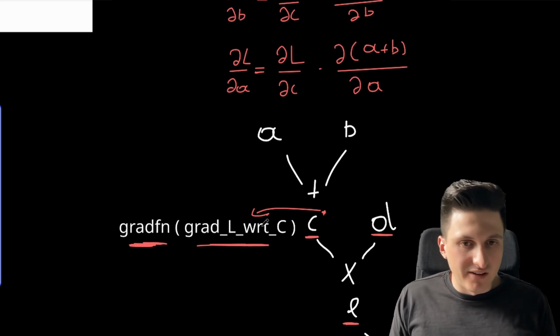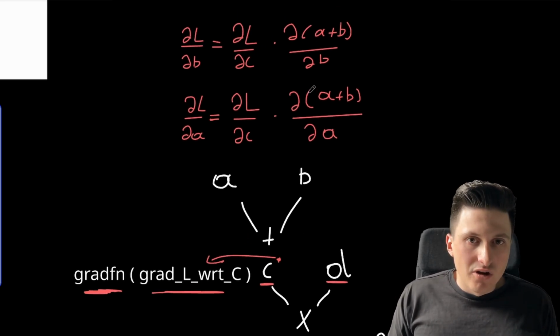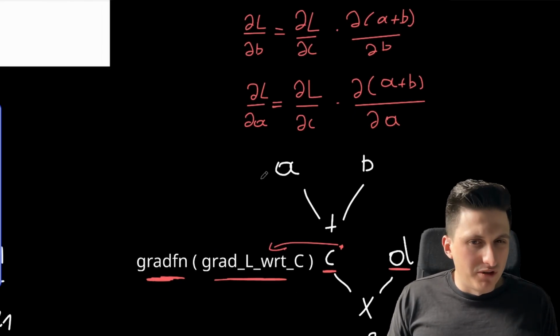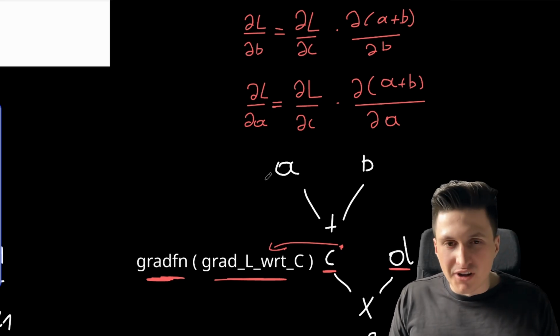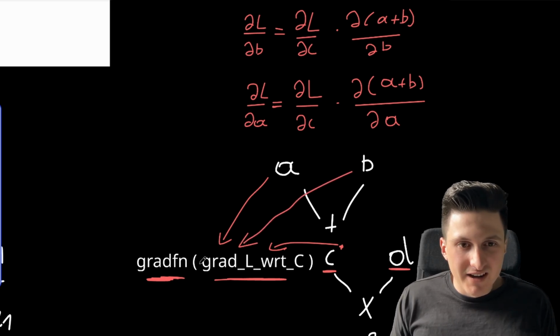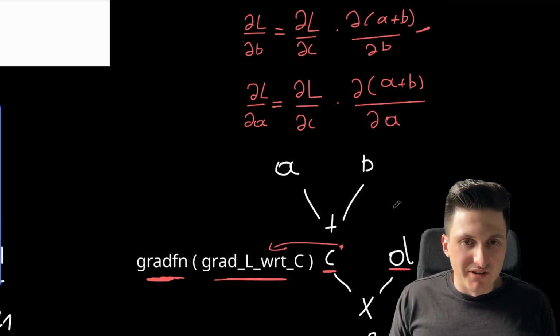Let's just assume that this is already calculated, and then just use this to update the parent tensors by calculating a local derivative. And because we will later see this in C++, we can actually bind the values of both parents inside this function. Yeah, we can just do this local derivative calculation.